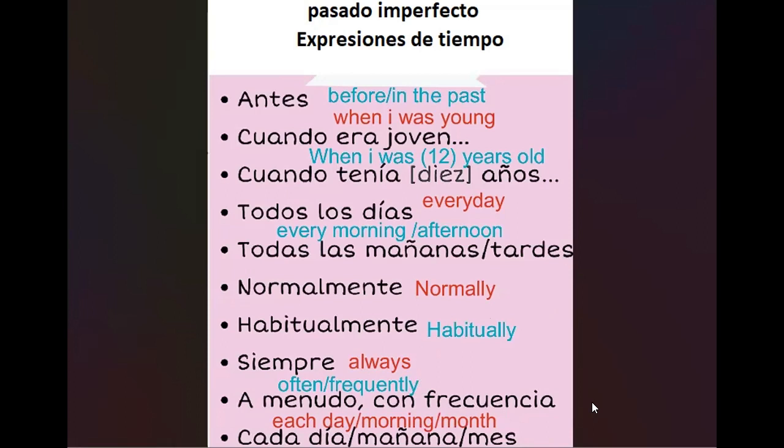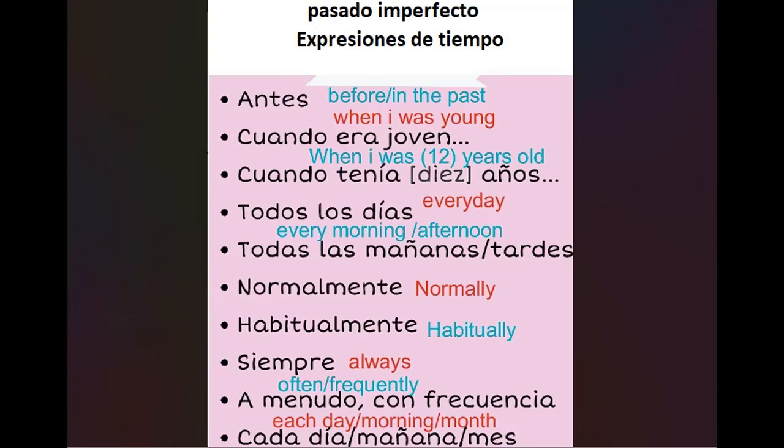Okay, what was the first situation that we have to use pretérito imperfecto? We use pretérito imperfecto to talk about habits or customs in the past. We use number 2. We use pretérito imperfecto to talk about descriptions in the past.